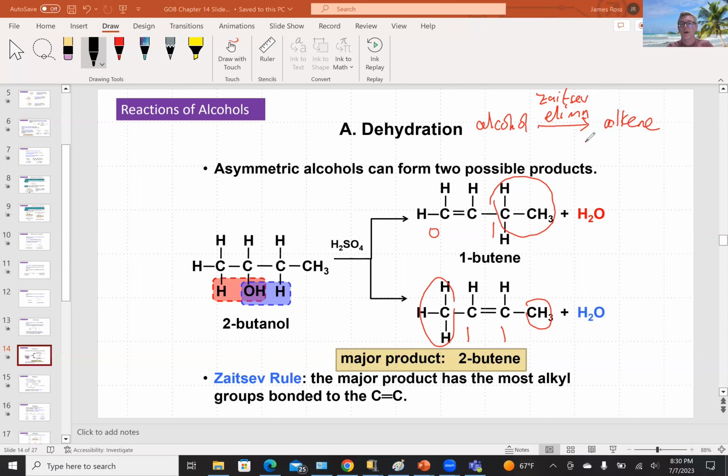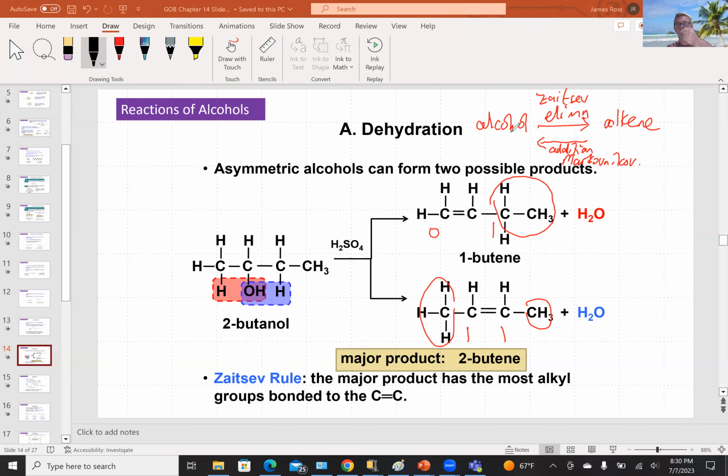You can then undo that and go from an alkene back to an alcohol. This would be addition. And here we follow Markovnikov. But you don't necessarily get the same alcohol back again.